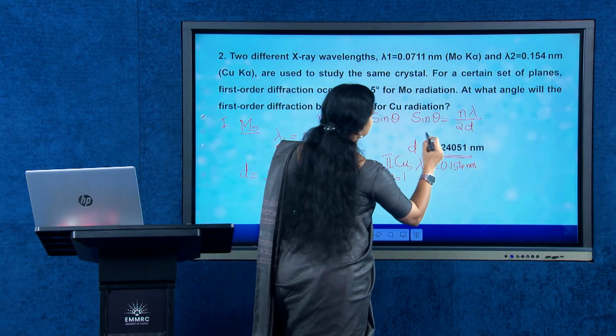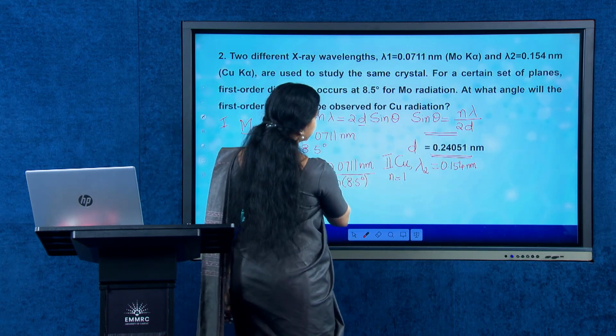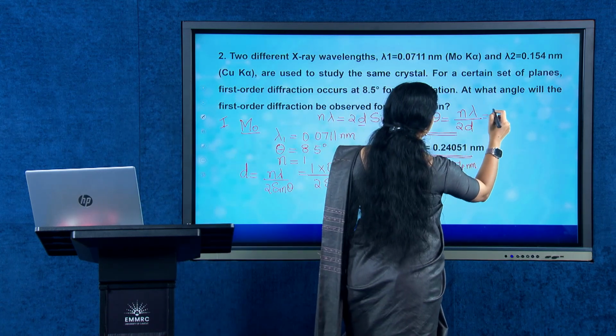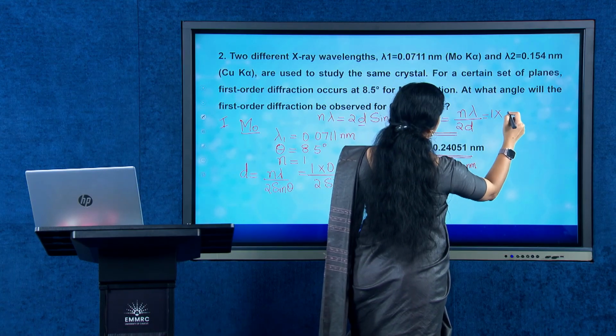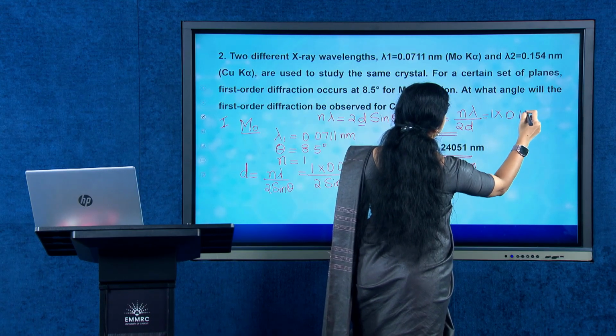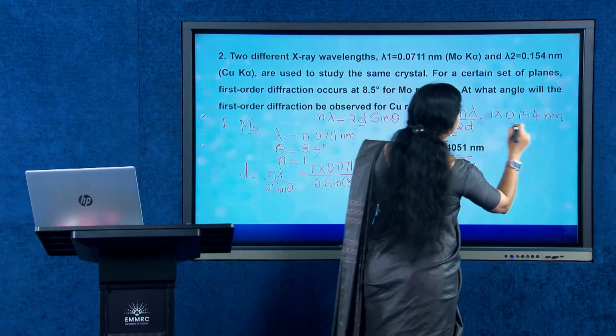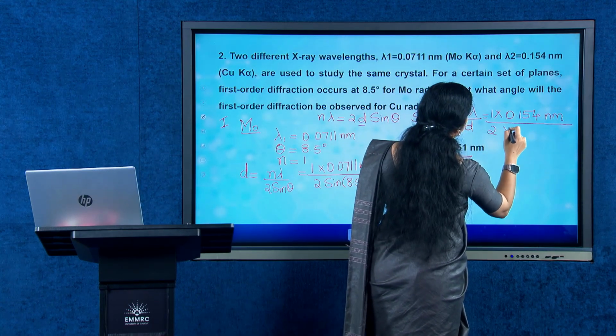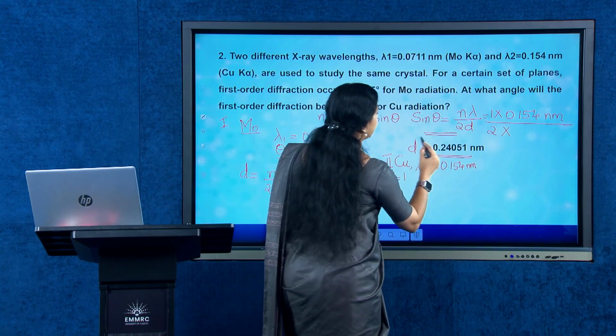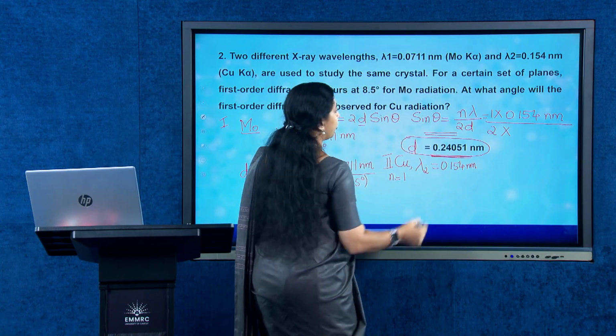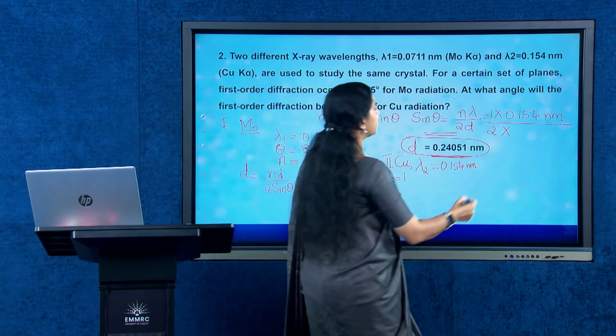So, if we substitute these values, we will get 1 into 0.154 nanometer divided by 2 into the value of d, which we got as 0.24051 nanometers.